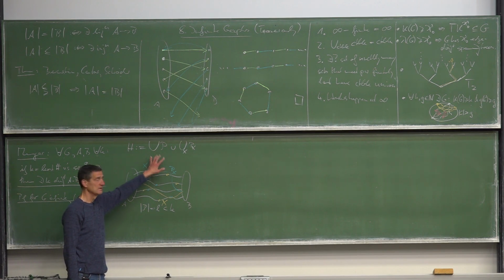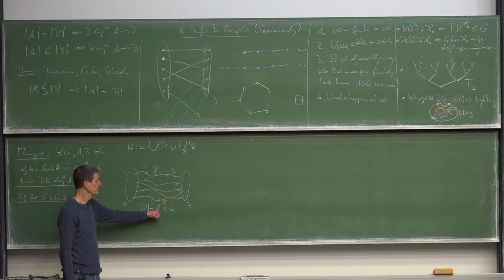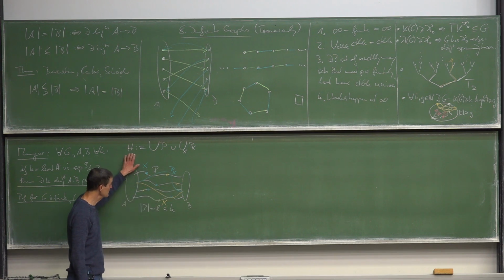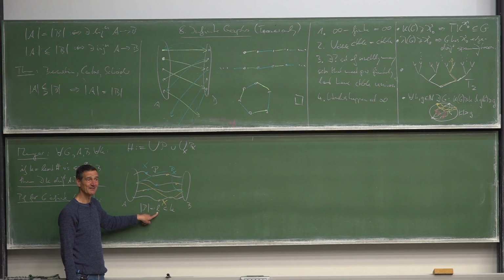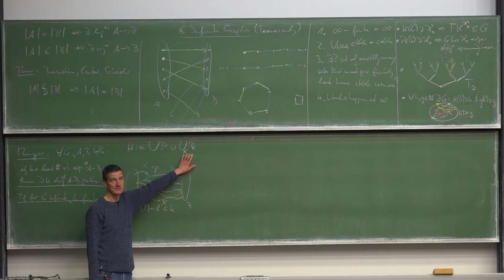So L is not big enough for there to be L vertices separating A from B in H, because any vertex set of at most L vertices, in order to separate A from B in H, will certainly have to pick a vertex from every path in curly P, if it is to separate A from B in H, because all these paths are in H. But then we've used up our L vertices, and the PX that corresponds to that choice is also in H, and we haven't picked a vertex from that.